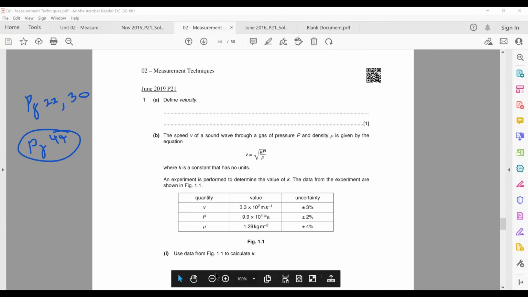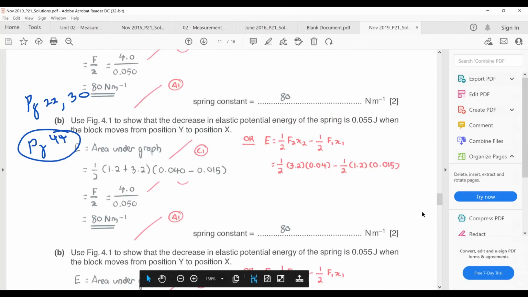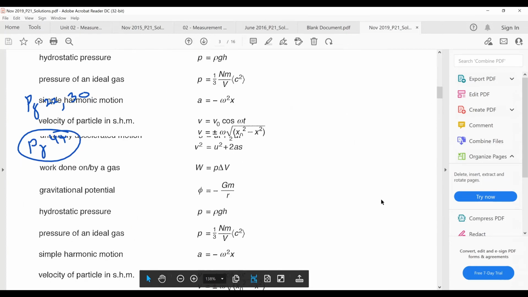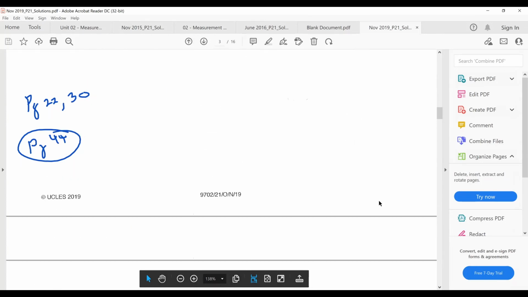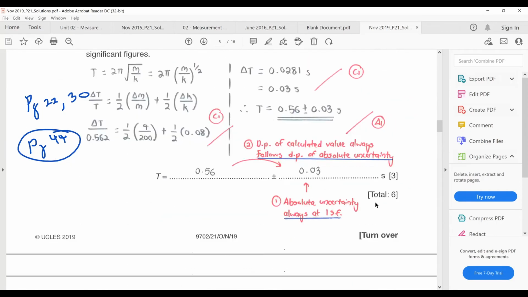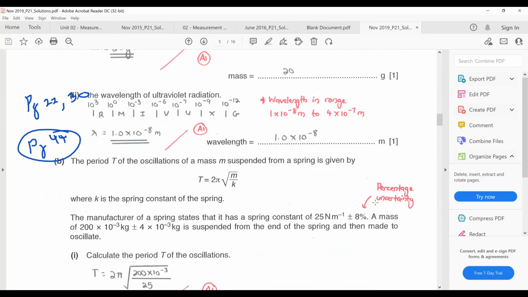This one we should be able to do it. Okay, June 19 P21. Define what is velocity. You probably would have learned it already. It is rate of change of displacement. Just try to find a way.